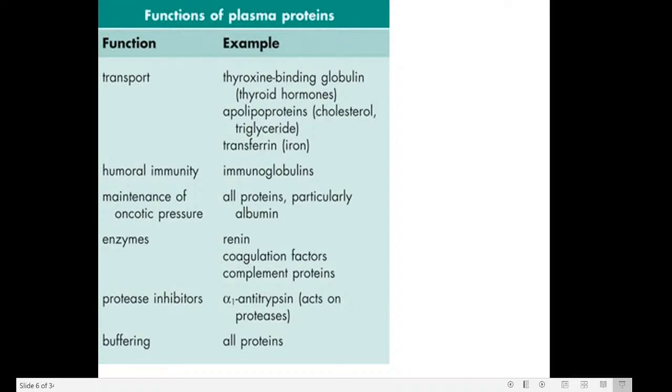First one is thyroxine-binding globulin, which transports the thyroid hormone. Then cholesterol and triglycerides are carried by apolipoproteins. Next is iron, carried by transferrin. These help in the transport of blood components, oxygen, everything.